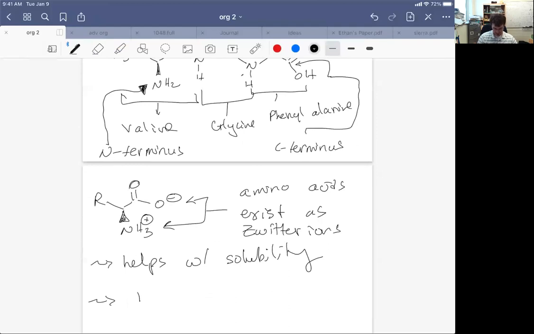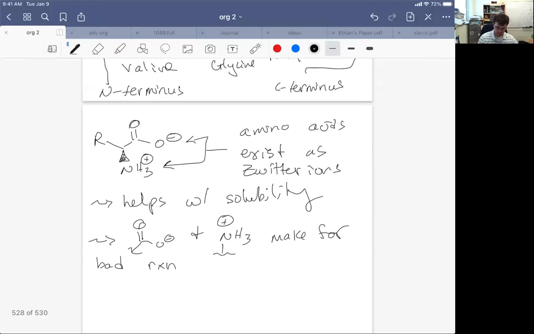But the CO2- and NH3+ make for bad reaction partners in amide bond forming events.